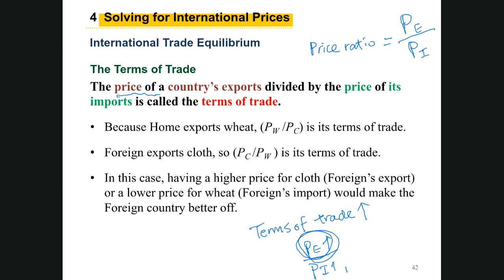Okay, let's go over the terms here. The terms of trade is the price of a country's export divided by the price of its imports. Because home exports wheat and imports clothes, that is its terms of trade. However, the foreign country's terms of trade are the reciprocal, 1 over the home country's terms of trade.